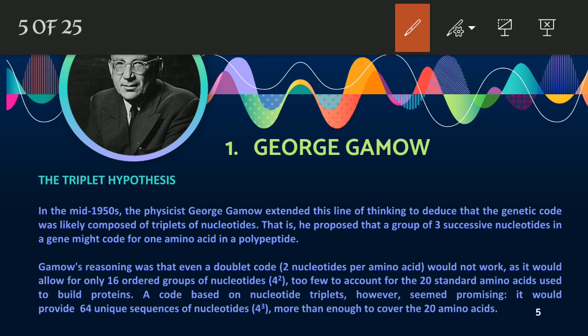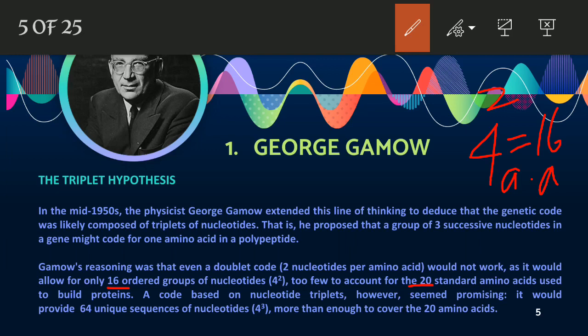Gamow's reasoning was that even a doublet code, that is, 2 nucleotides per amino acid, would not work, as it would allow for only 16 ordered groups of nucleotides. That is, we knew that there are 4 types of bases, and if they were present as doublet code, that would give us 16 amino acids, which is too few to account for the 20 standard amino acids used to build the proteins.